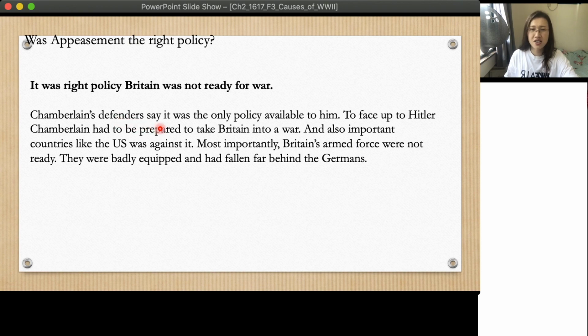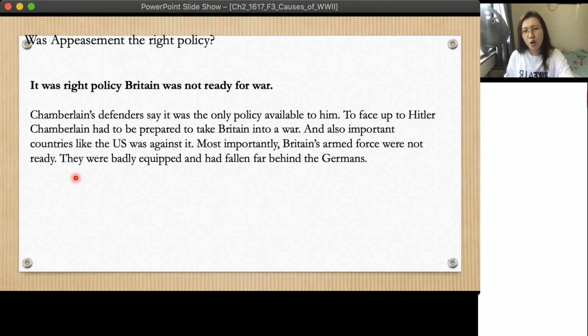Chamberlain's defenders say it was the only policy available to him. To face up to Hitler, Chamberlain had to be prepared to take Britain into a war. At that time, especially in the Munich Agreement, while Hitler said that the Sudetenland was the last territorial claim, I think Chamberlain, when comparing the two results, of course thought that to appease them was a better result, right?